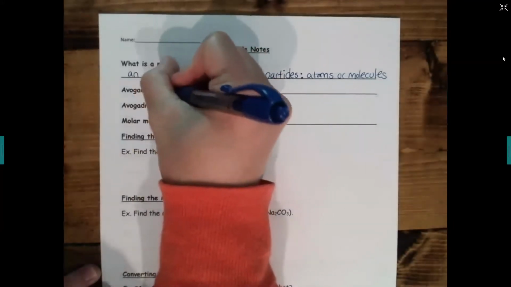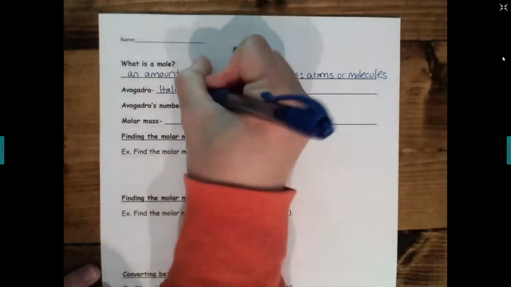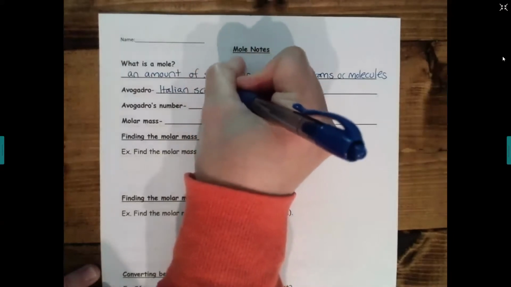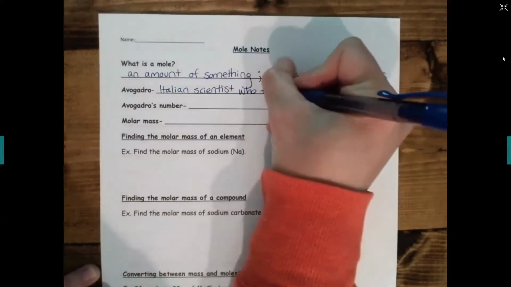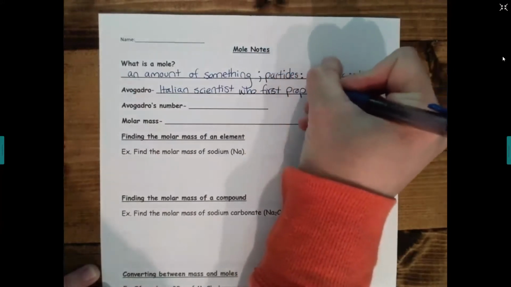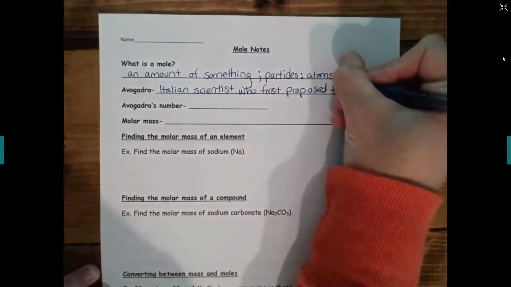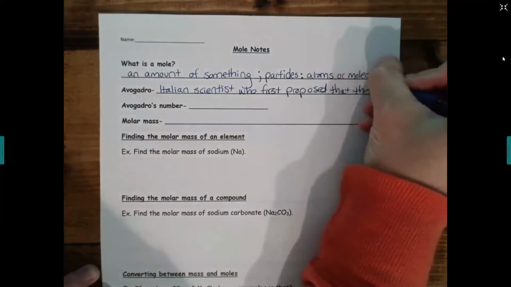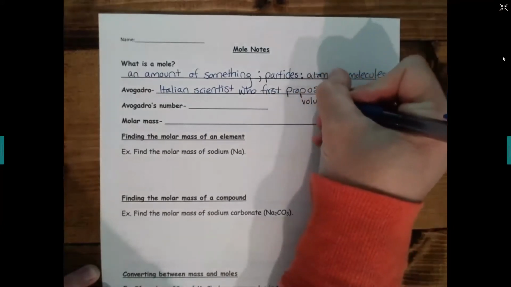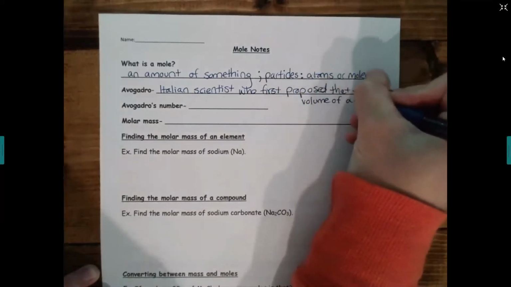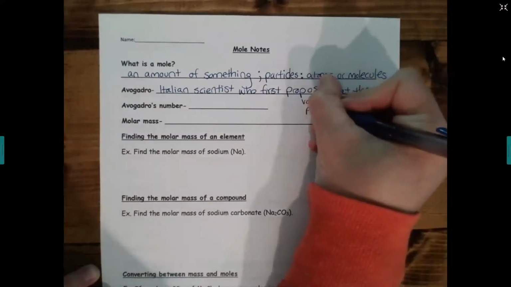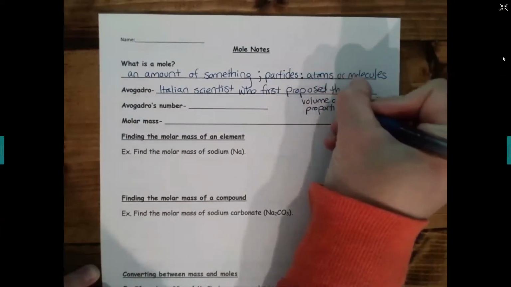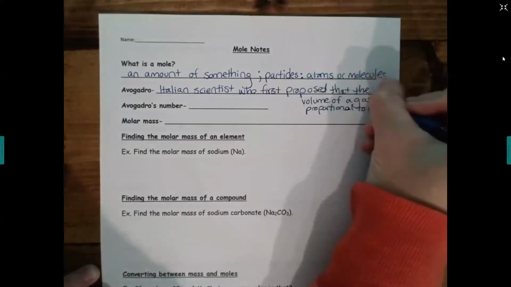Avogadro was an Italian scientist who first proposed that the volume of a gas is proportional to the number of atoms.